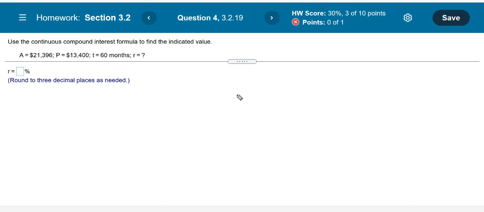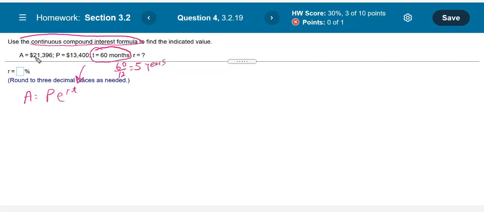So we'll again be using the continuous compound interest formula. And in the continuous compound interest formula, the time is always in years. So we need this 60 months to be years. Now 60 divided by 12 comes out to be 5 years.